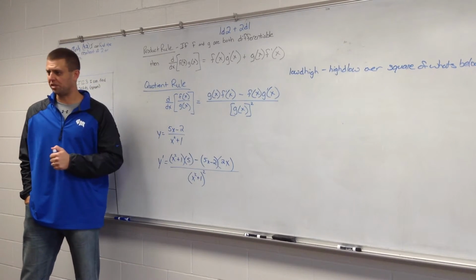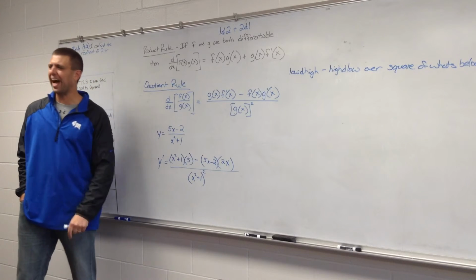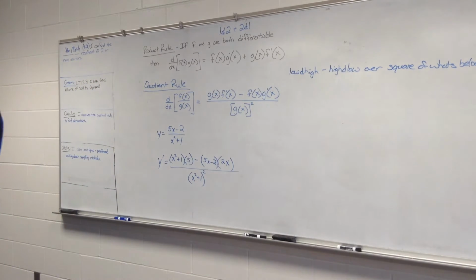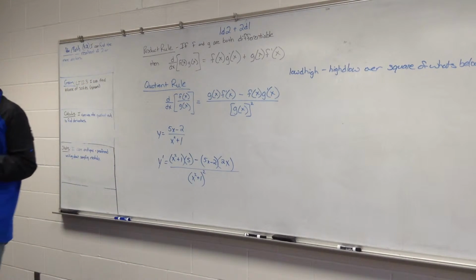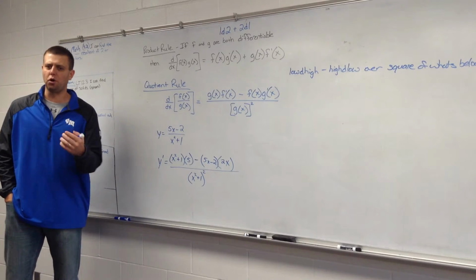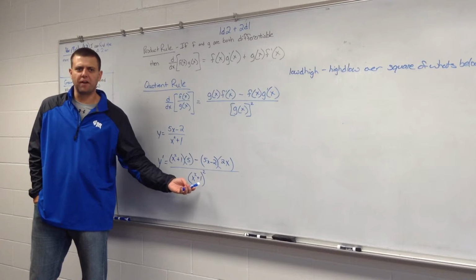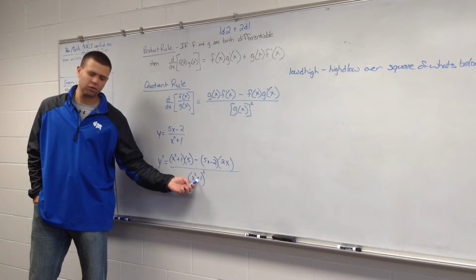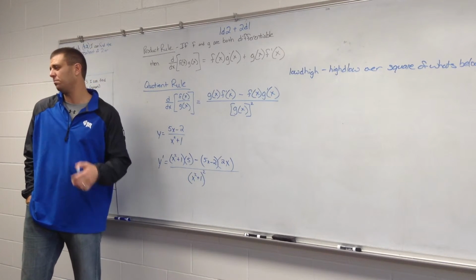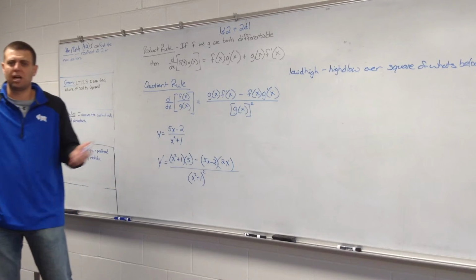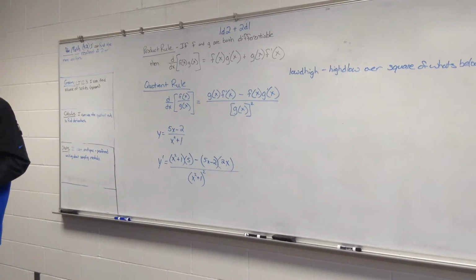But here, this wouldn't take much to simplify. I would leave the bottom, though, as that quantity squared. No real reason to FOIL that out. You wouldn't be able to simplify anything if you do FOIL it out. If you leave it in factored form like this, there's maybe a potential that it could cancel out something on the top if you have a common factor.